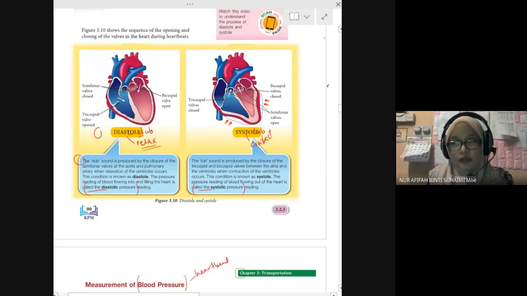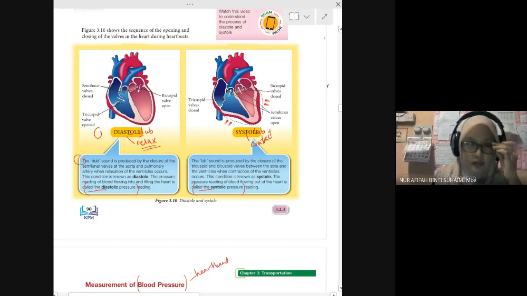So diastole will produce the dub sound. Just remember dub, D, same as D for diastole. The dub sound is produced when our heart is relaxed.